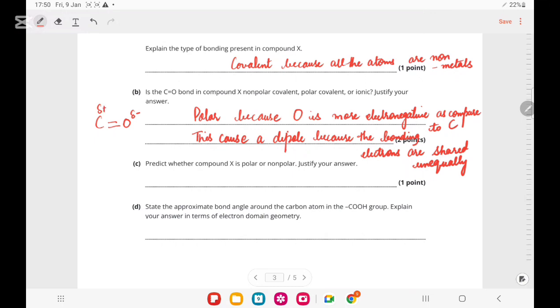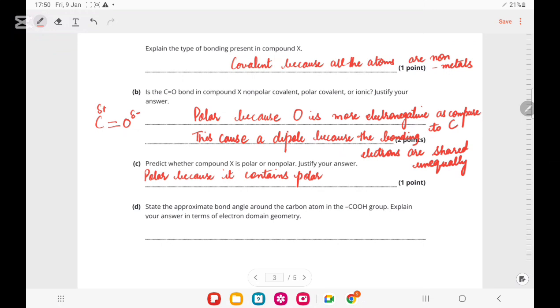In the next question, they are asking to predict whether compound X is polar or non-polar. It is going to be polar. And why is it polar? Because it contains polar bonds. It contains carbon-oxygen bonds, so that makes the whole molecule polar.